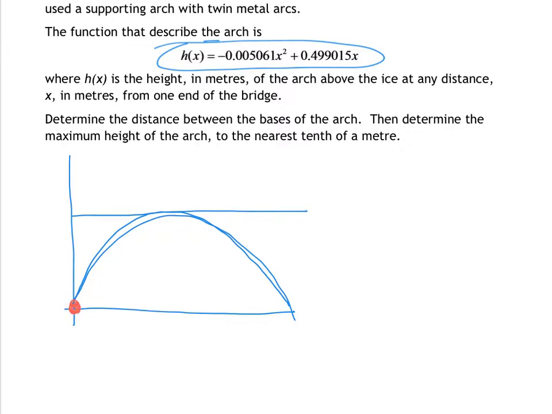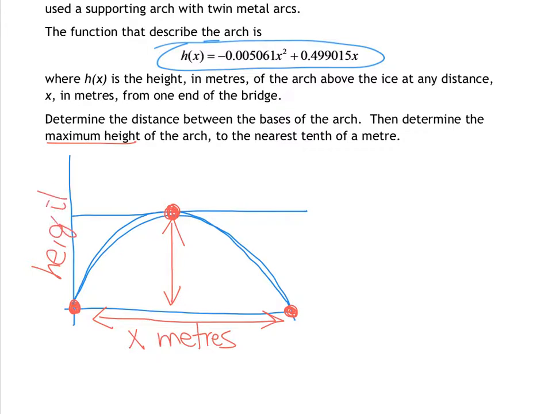How far in x meters are those 2 points? And then we want to know the maximum height of the arch. Obviously the vertex point is going to be the maximum height. So we've got a couple of things to find here.